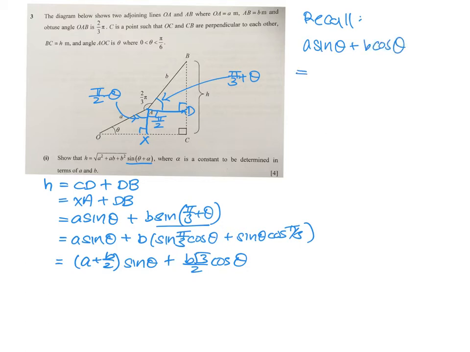In the R formula, R is found by taking the square root of the sum of the square of the coefficient of sine theta and the square of the coefficient of cosine theta. Because the first term involves sine, I use the R formula on sine. The common angle is theta. Because it's addition, we follow the sign. And alpha will be tangent inverse of b over a.